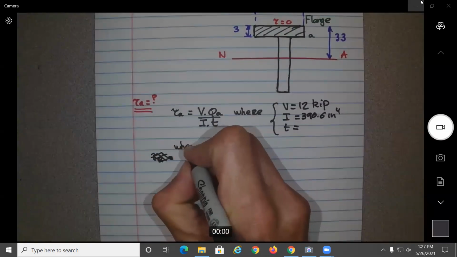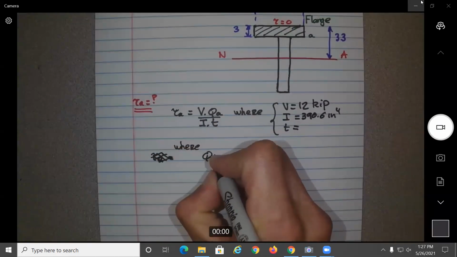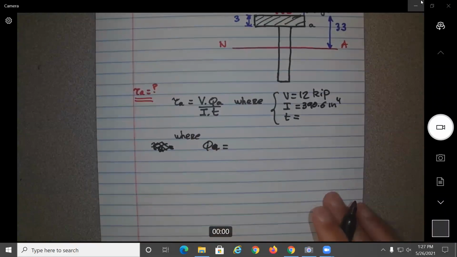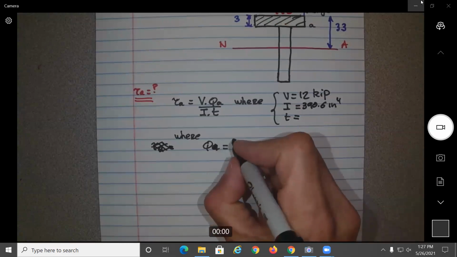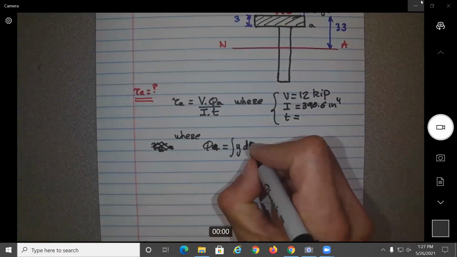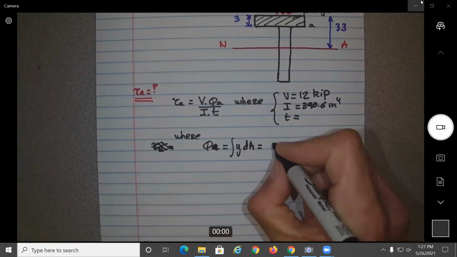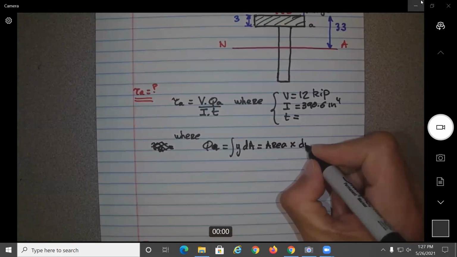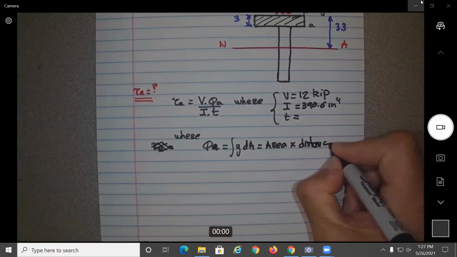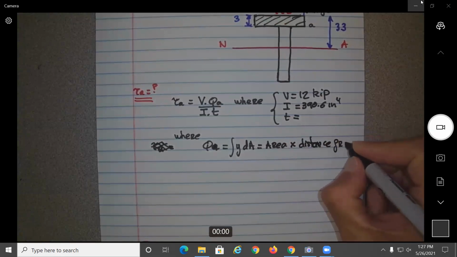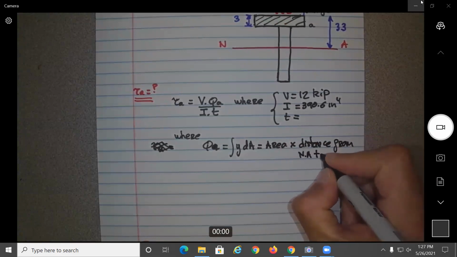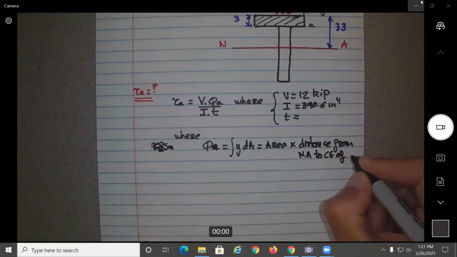So where Q sub A by definition is what? Is the integral of y dA, but we said it was equal to the area times the distance from the neutral axis to the CG of the area.